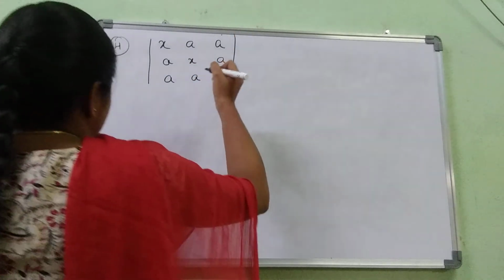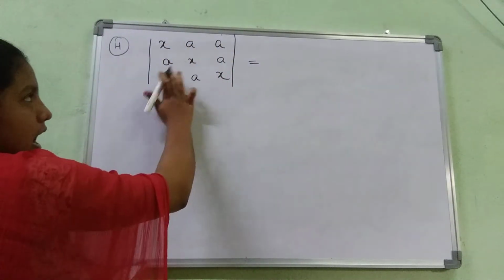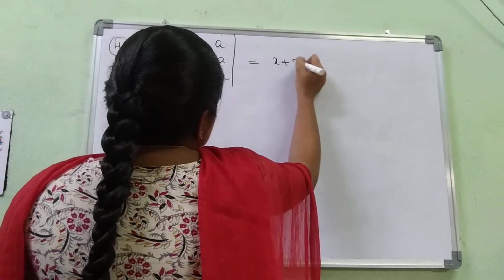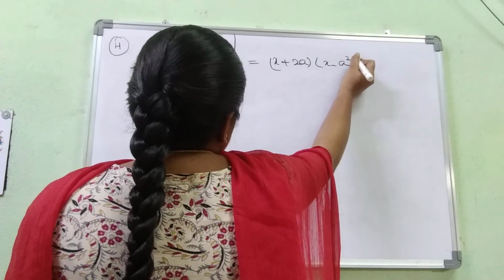Okay, and we need to show that the determinant of this is equal to x plus 2a into x minus a whole square.